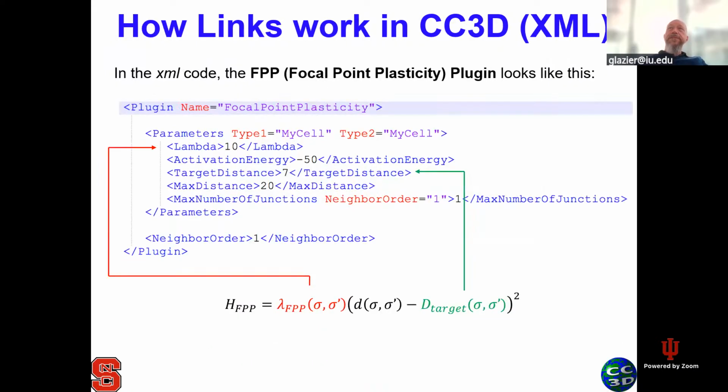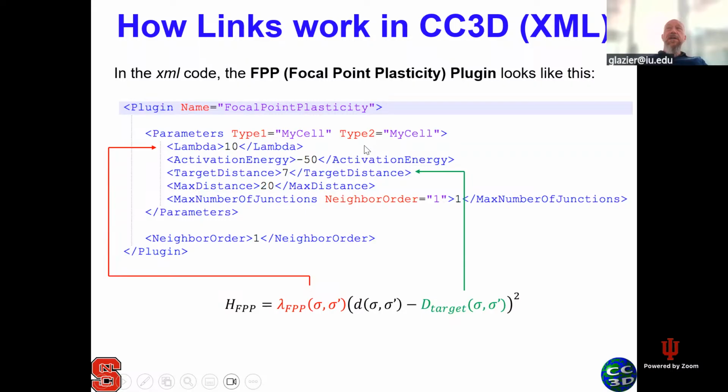Okay, so for the FPP plugin in the XML, and as usual, we'll have both XML and Python versions of this, you specify links between pairs of cell types. Here we're saying between my cell and my cell, so that would be homotypic.